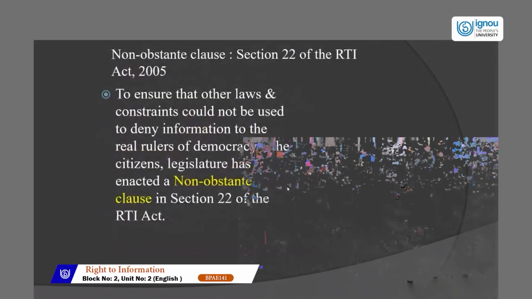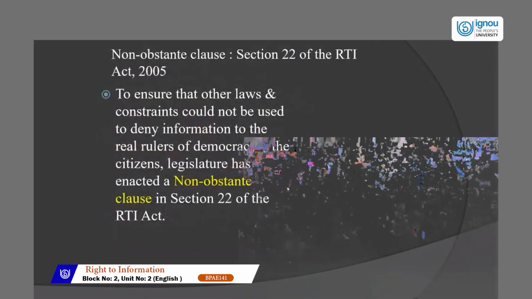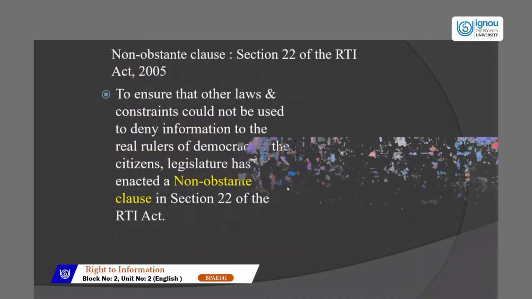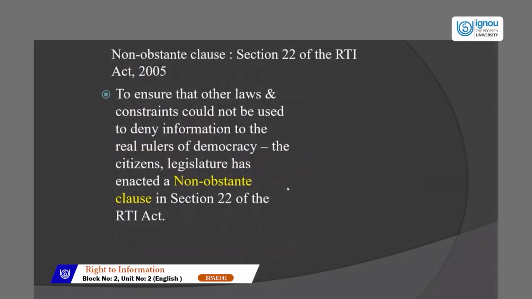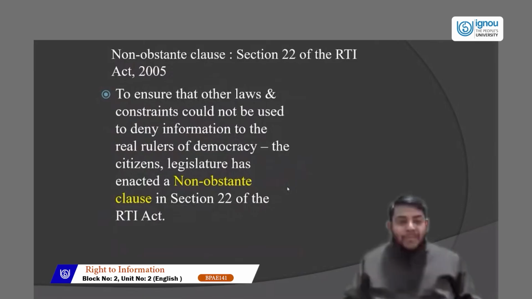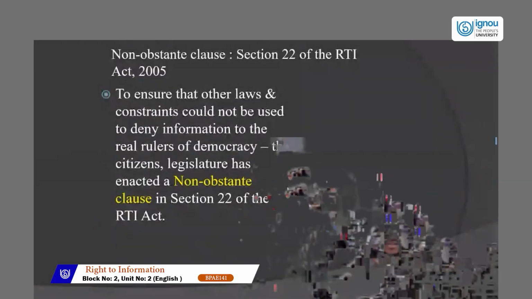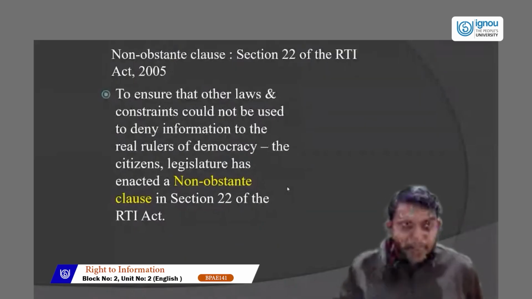There is also a non-obstante clause, which is Section 22 of the RTI Act of 2005. Parliament has enacted a non-obstante clause in Section 22 of the RTI Act.